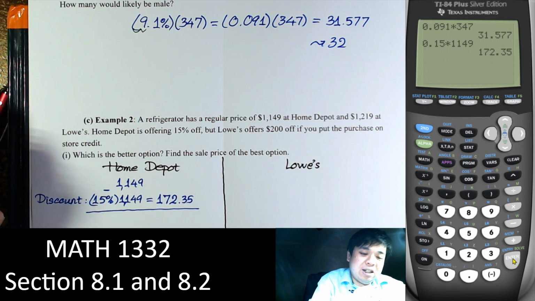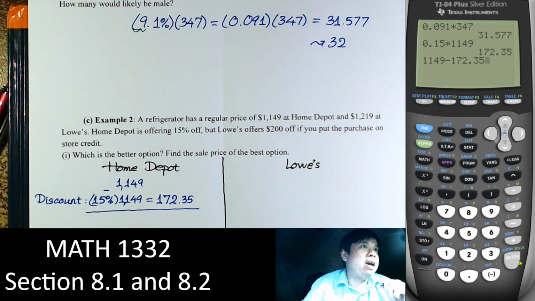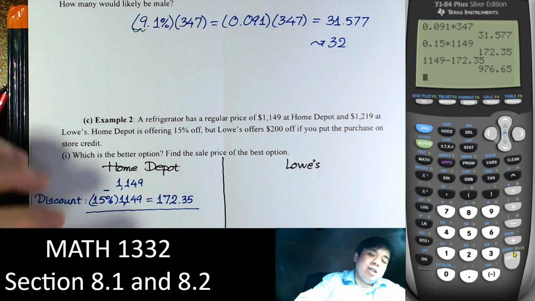And then subtract. So we have 1149 minus that. If you use this calculator, just highlight it, hit enter, so that copies and pastes, and we have 976.65.